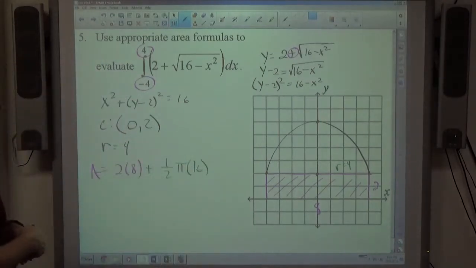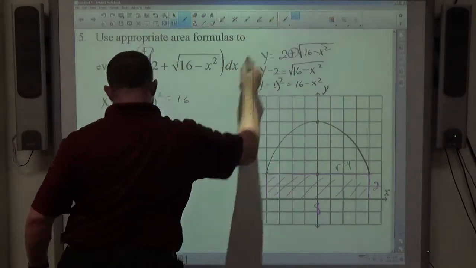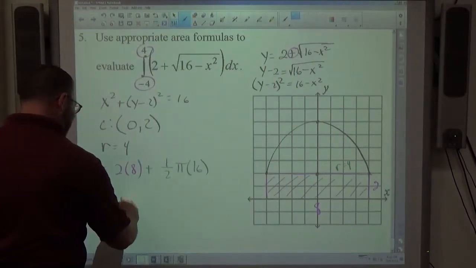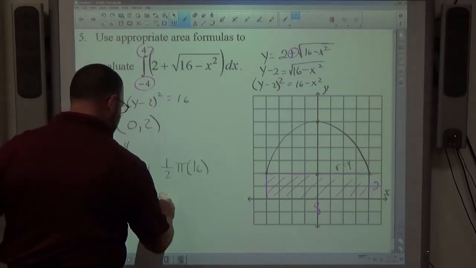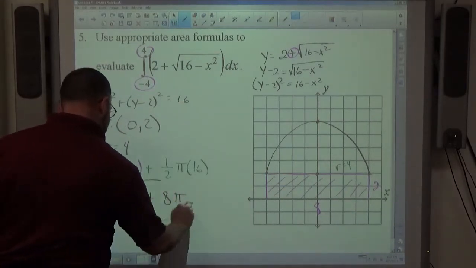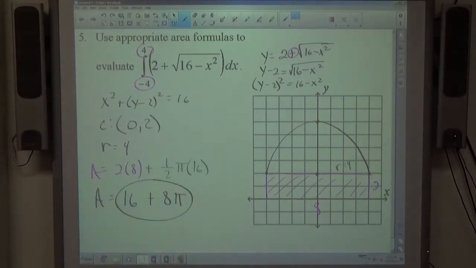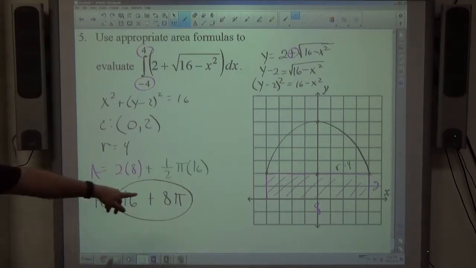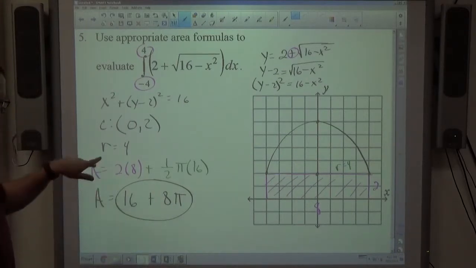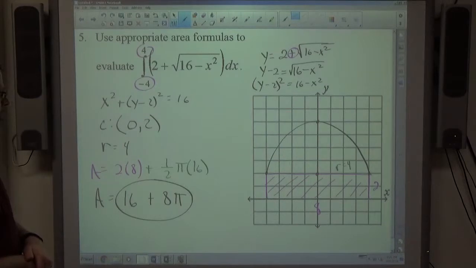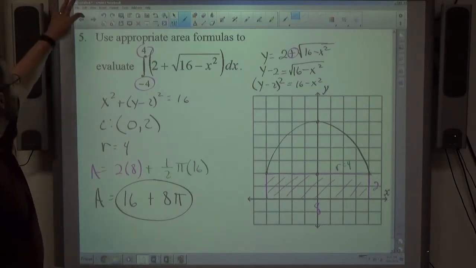And the circle radius 4, so pi times 4 squared is 16 pi. Whole circle, half circle, we take half of that. So we end up with the overall area of this thing as 16 plus 8 pi. And that'd be the exact answer. If you wanted to approximate it, 25.12, I believe. So 41.12, but I'd be fine with the pi answer.